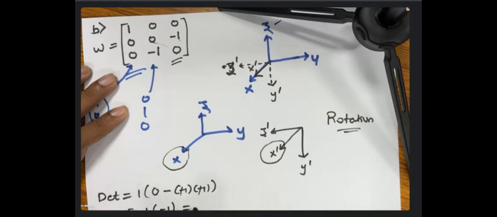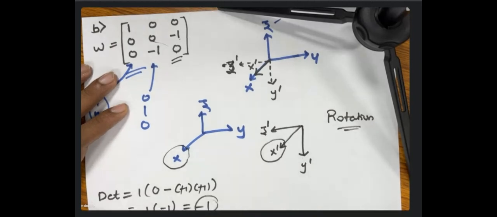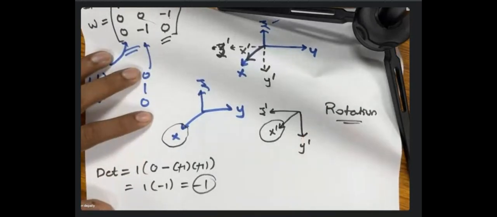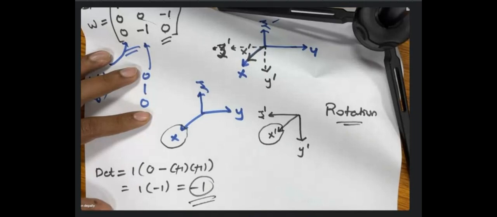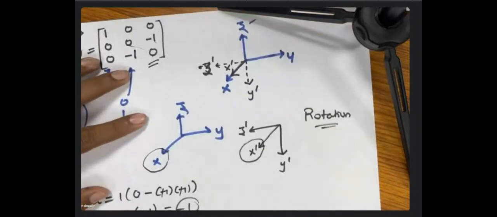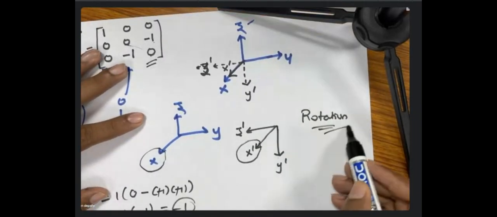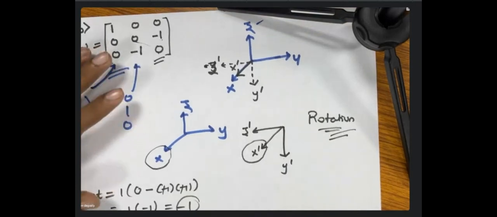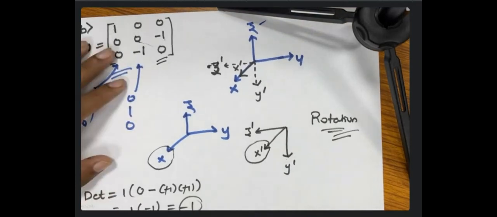So we can say the determinant is minus 1. Right. And so it cannot be the rotation alone, since a change in the handedness is involved over here.